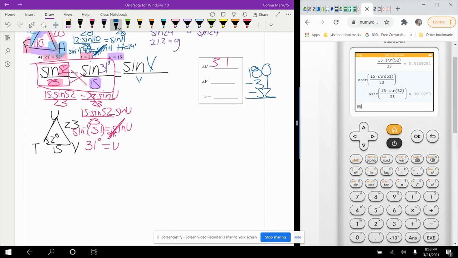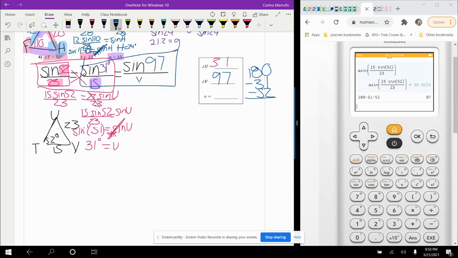I'm going to plug that in my calculator. 180 minus the 31 minus the 52. Enter. That gives me 97. So 97. We erase that here. So 97.